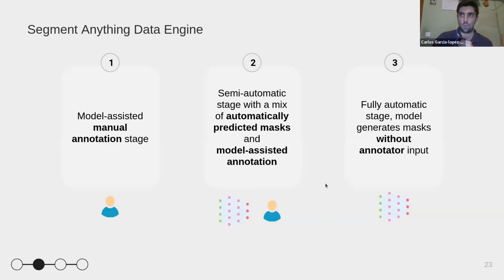Once the mask segmentations were reviewed by the human annotators, a second model was trained, and this model was used to generate more and more masks fully automatically, without the help of a human. And finally, this third data set is what was used to train the final SAM, which we are going to use now.